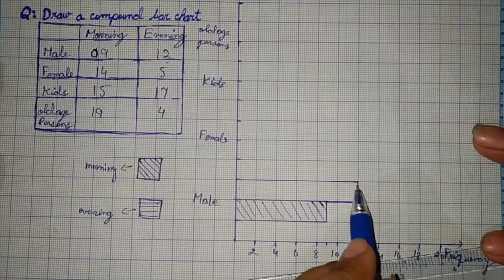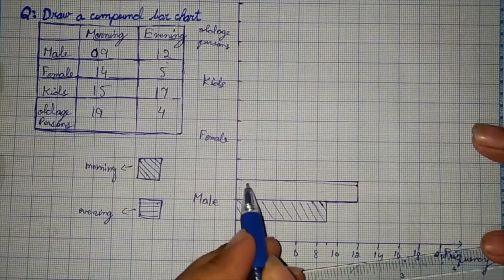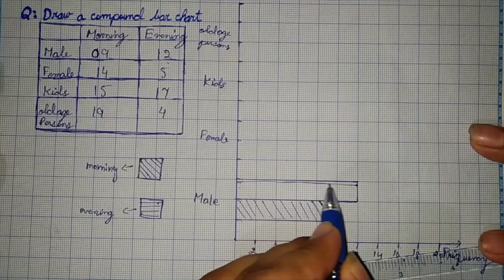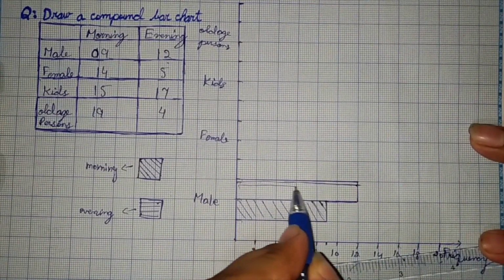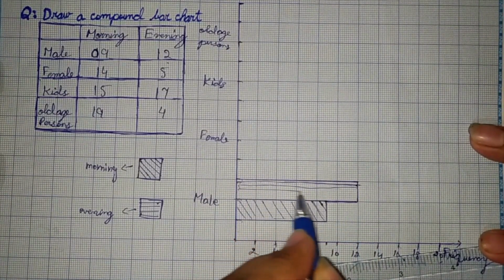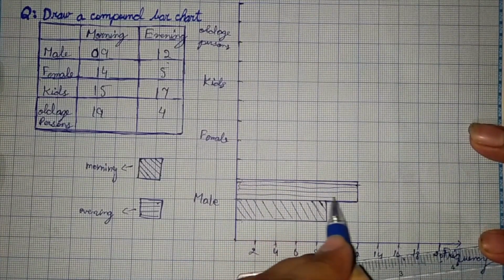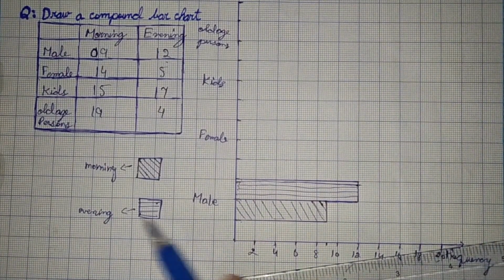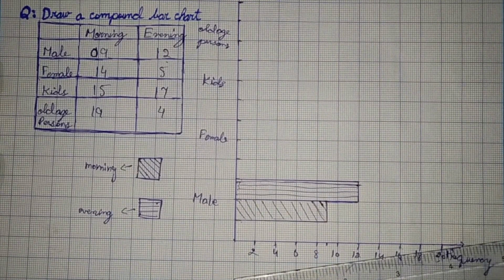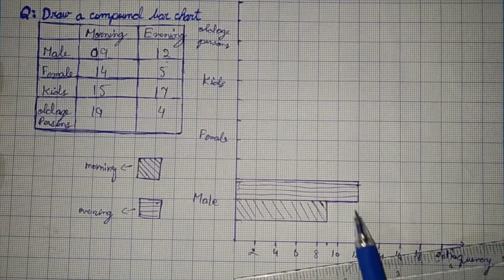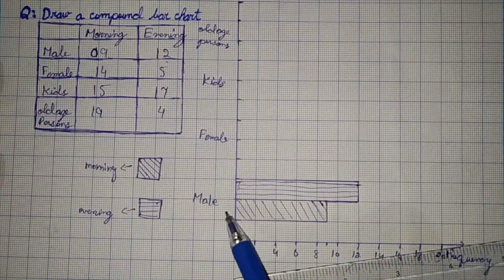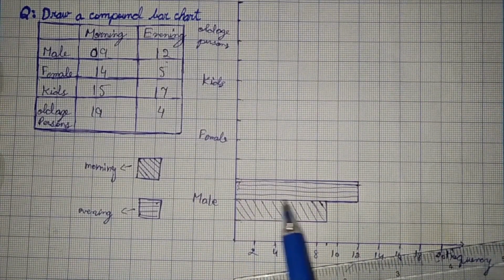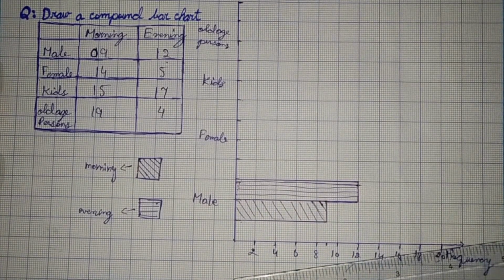It means that here we have straight lines. Clear? It will represent evening time, and the frequency of 12 males who used to do exercise in the evening.